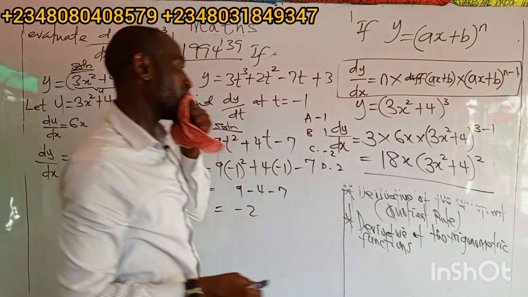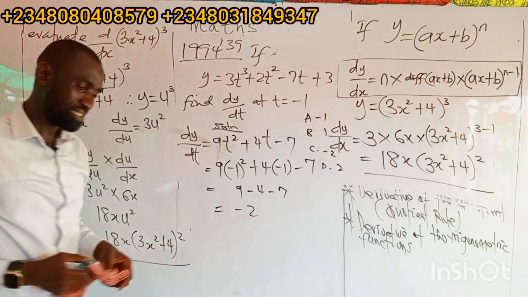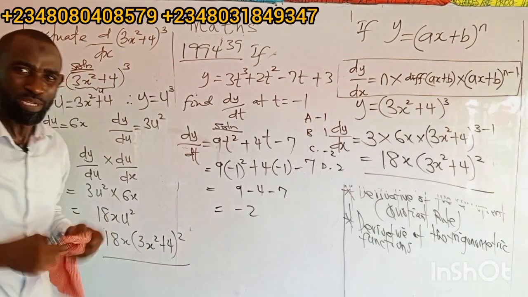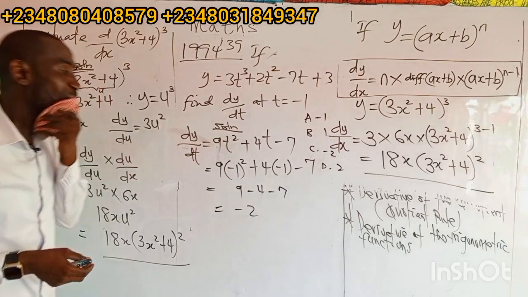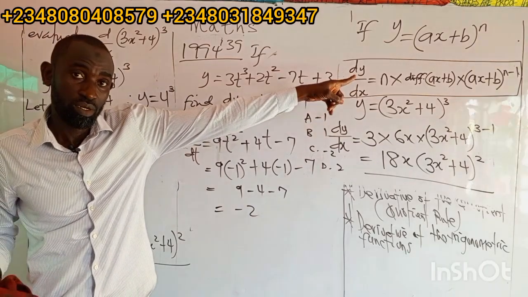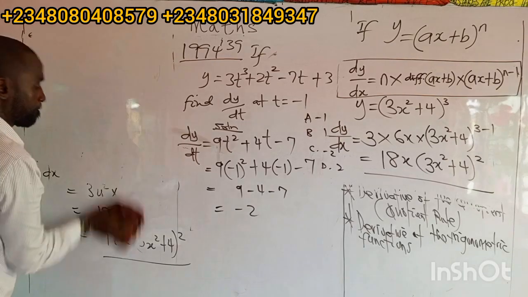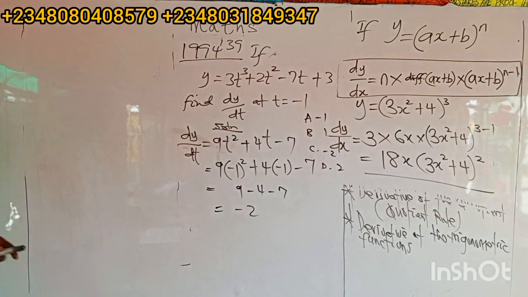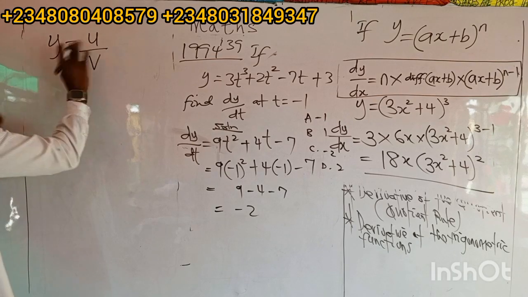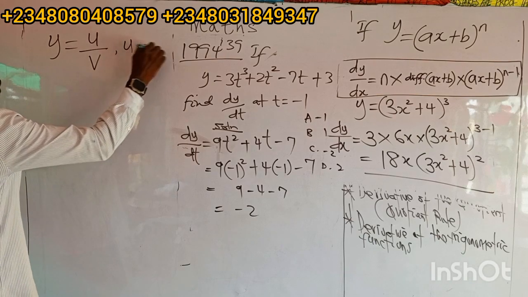So what's the next one? The agenda is the derivative of the quotient. Class, we're moving to something very interesting, trigonometric functions. Please don't forget the short word under function of function. For the quotient, pay close attention. Whenever a question says y equals u over v, something over something, then u and v are functions of x.